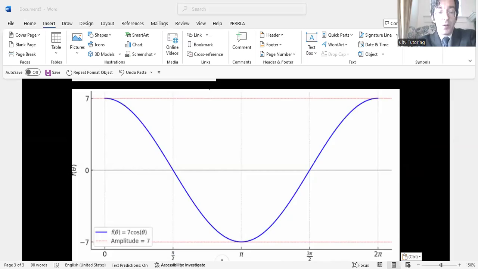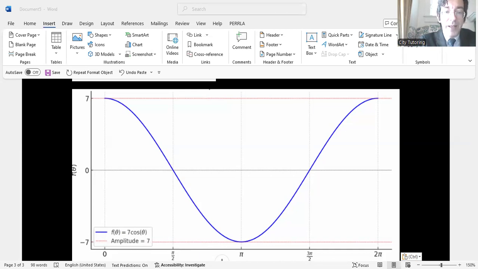So you can see here 7 cosine of theta. The amplitude, we have the dashed red lines, and that indicates the maximum and minimum values the function reaches, 7 to -7. And the function completes one cycle over the interval 0 to 2 pi, right? That's one cycle. So hopefully that makes sense.